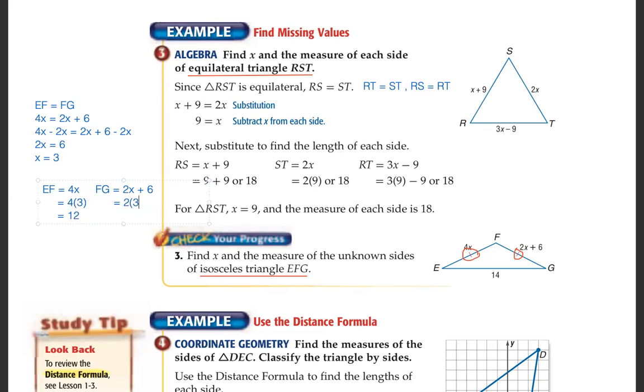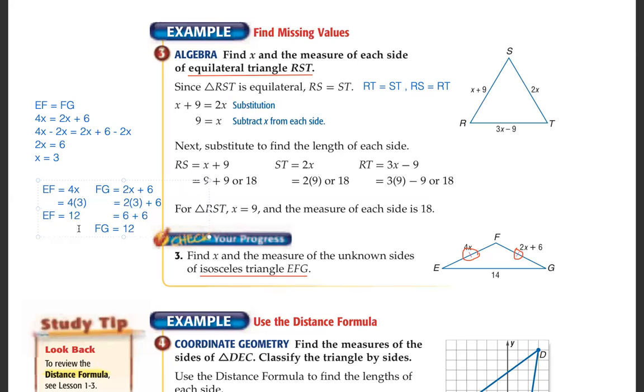So 2 times 3 plus 6, that gives us 6 plus 6, which is equal to 12. So FG is equal to 12, and EF is also equal to 12.